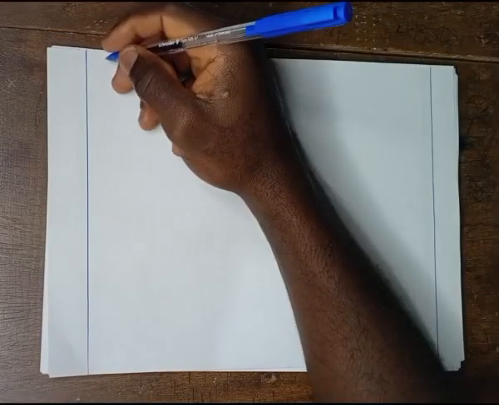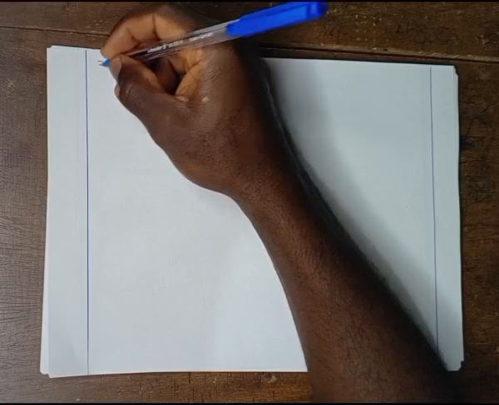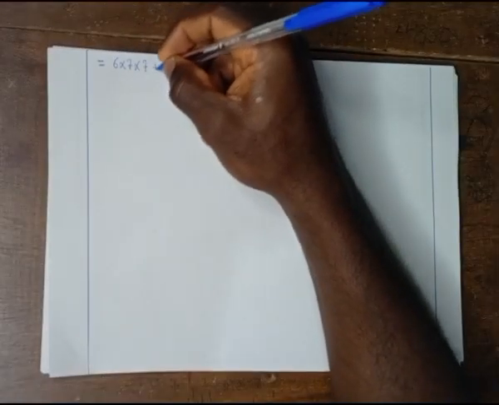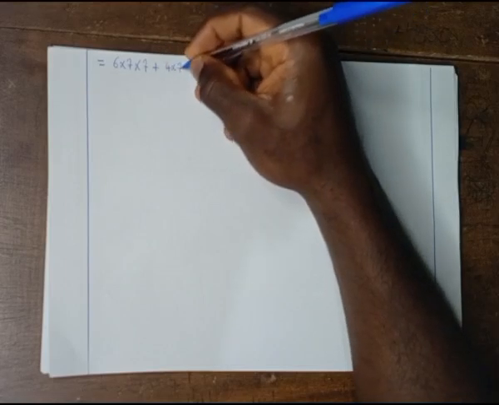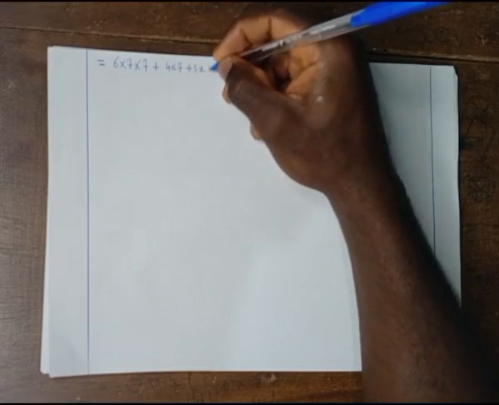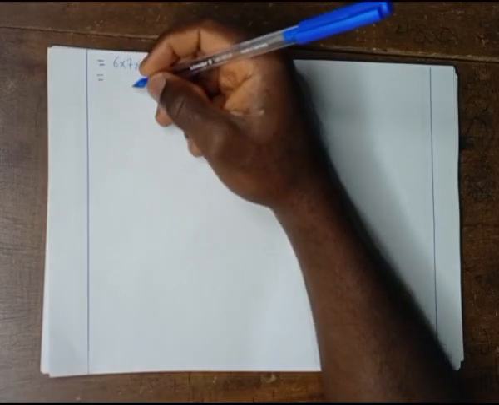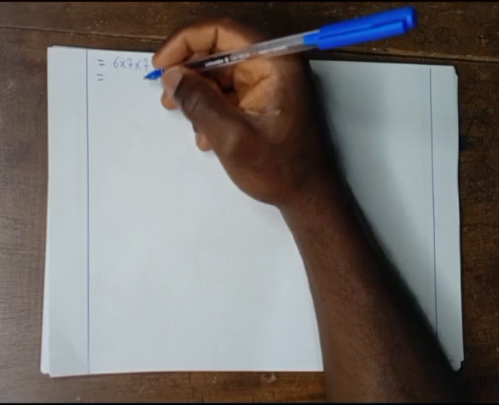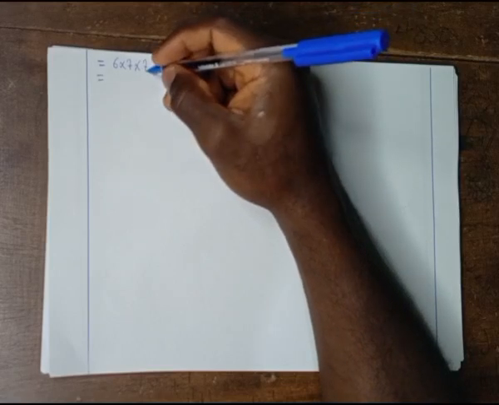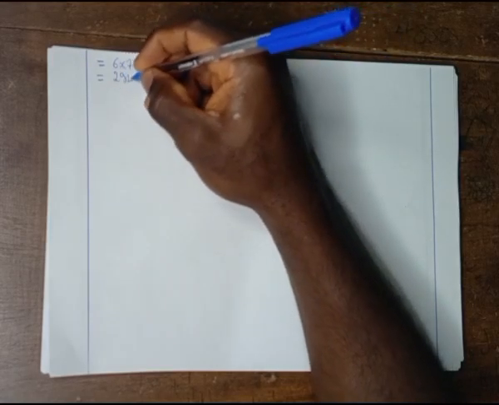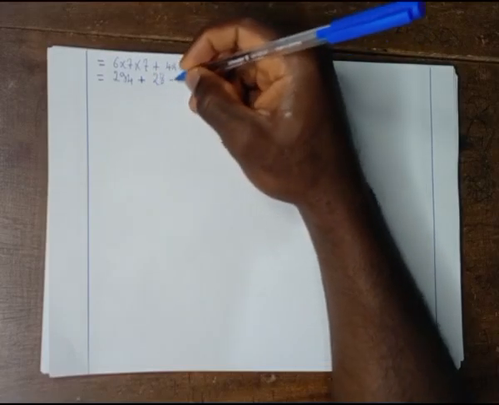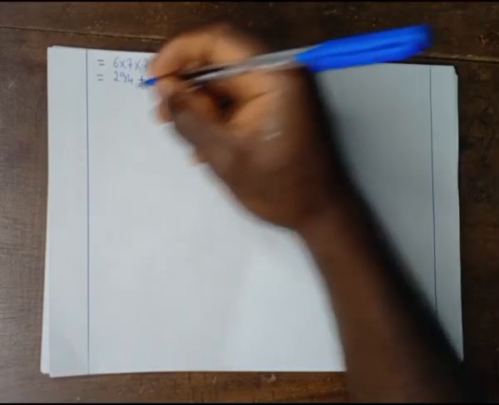This will simply be equal to 6 times 7 times 7 plus 4 times 7 plus 3 times 1. This will give us 6 times 7 is simply equal to 42. 42 times 7 will give us 294 plus, next we go to 4 times 7 gives us 28 plus 3 times 1, which is 3.